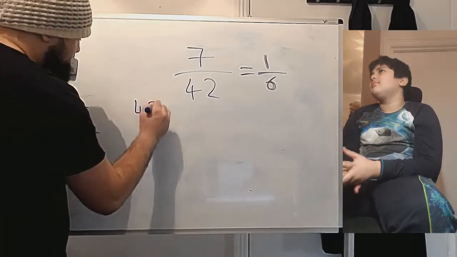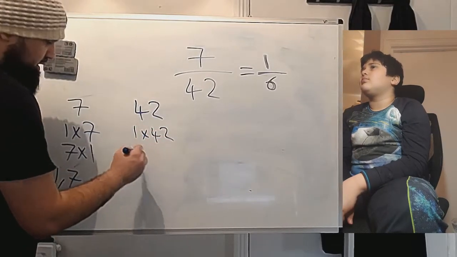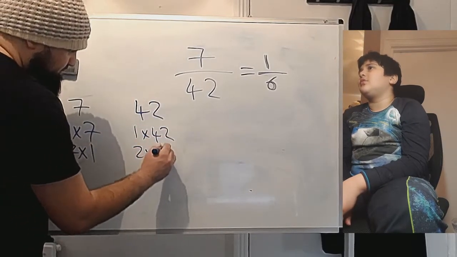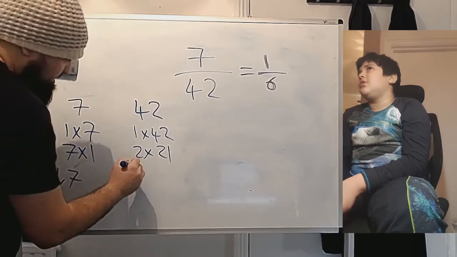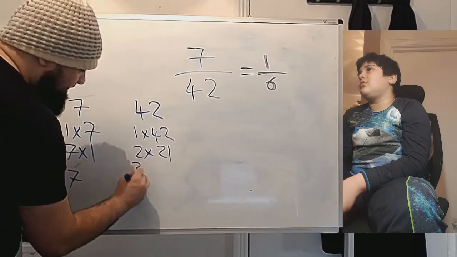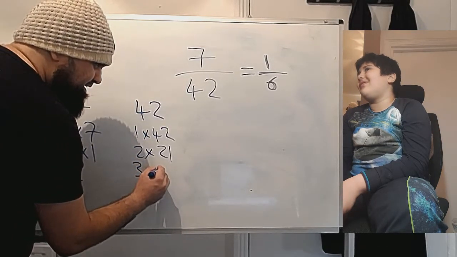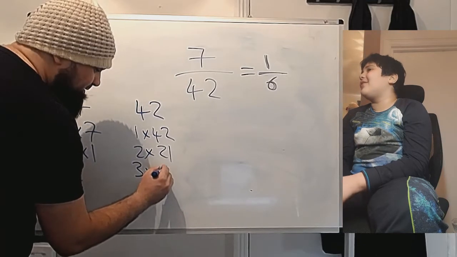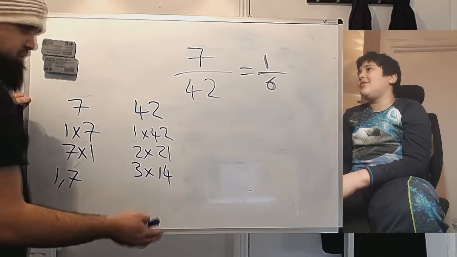Now if we write the factors of 42, you got 1 times 42, 2 times 21, then 3 does go in, 3 times 14. Does 4 go in?